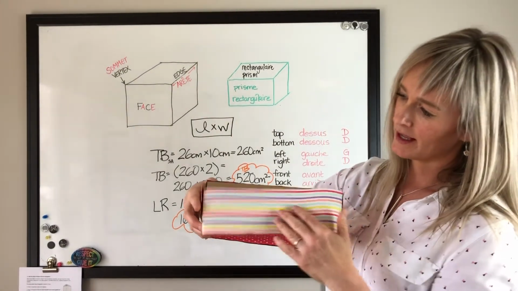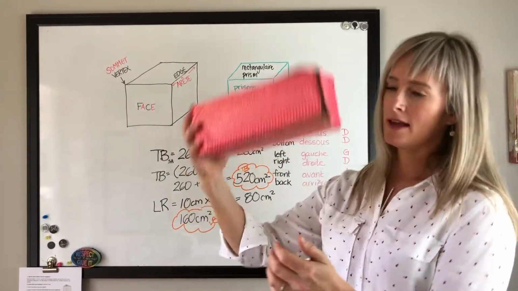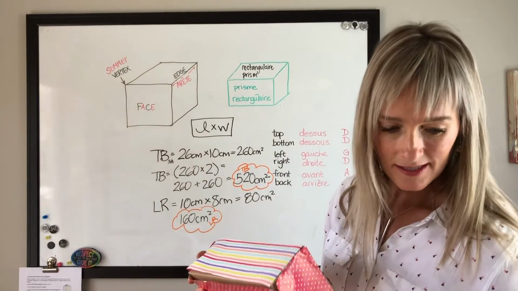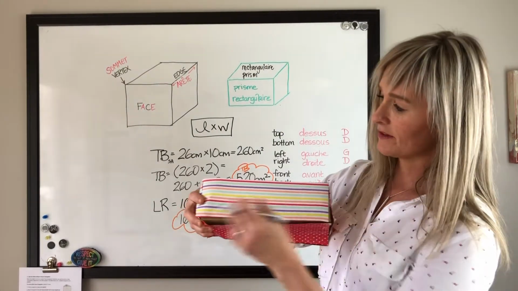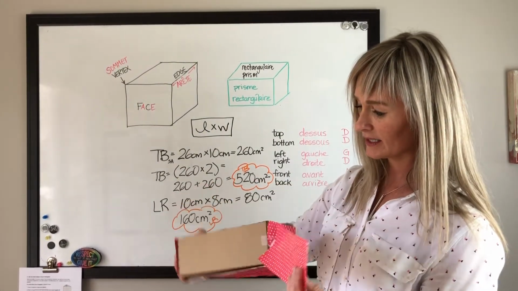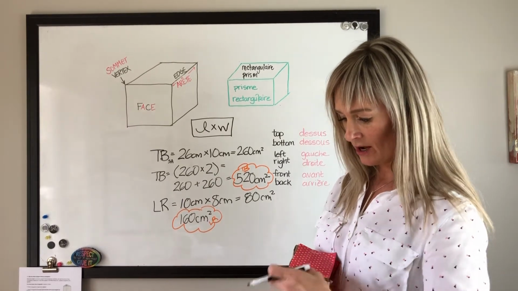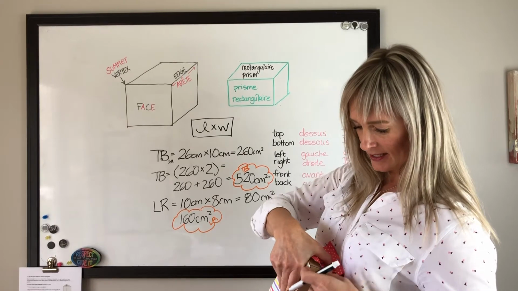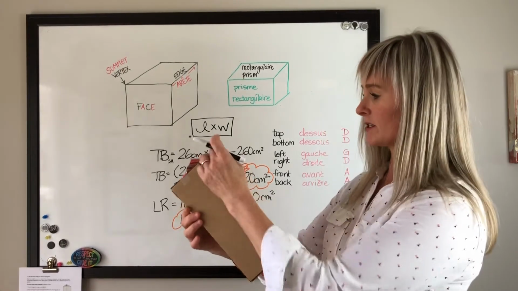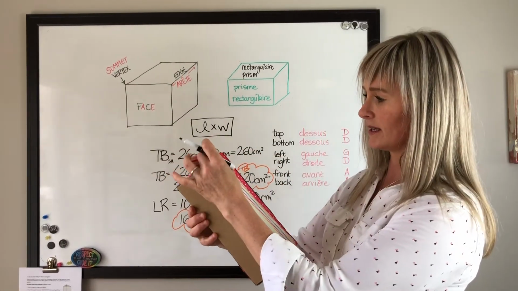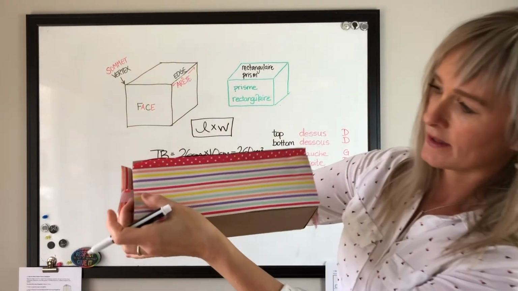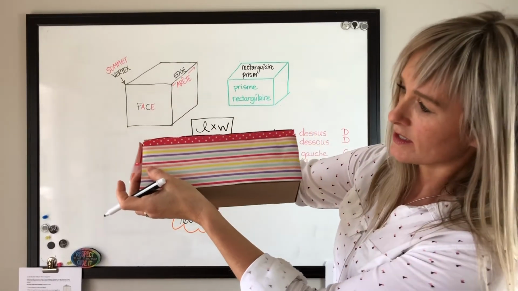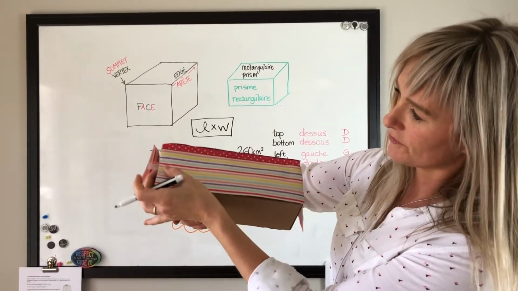Well, then we look at the front and the back. And the thing is that you can often have this rectangle be a completely different measurement than your top and bottom. Your front and your back aren't necessarily exactly the same. So let's just lay this one out so that you can see compared to this guy. Can you see? There's a difference. There's a good difference there.